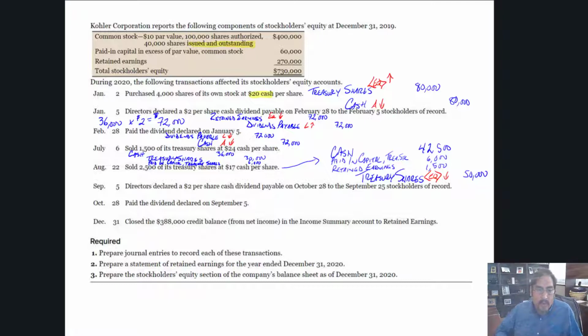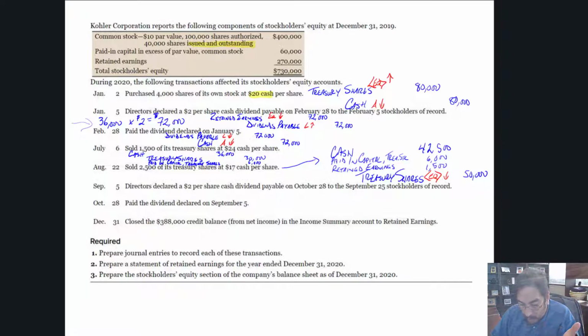So we need to know how many shares we have outstanding. We started with 40,000 shares. We bought back 4,000. So that left us with 36,000 up here when we declared that dividend. But after that, we sold those treasury shares back out to the market.